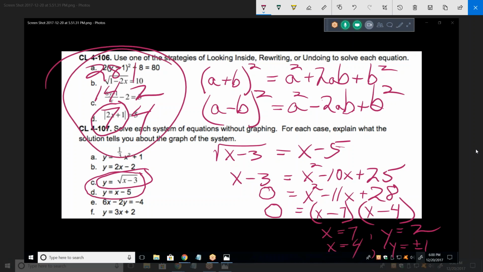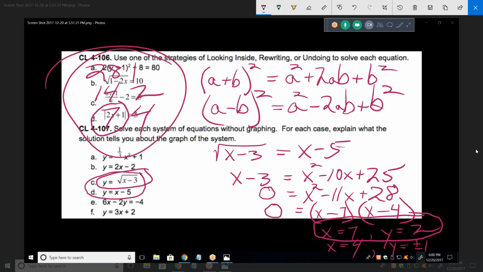Now, the question is, x equals 7 is a valid solution. In other words, this is a valid solution that satisfies both equations. When x is equal to 7, the top one is 2, the bottom one is 2.